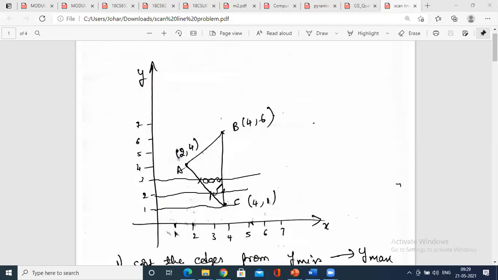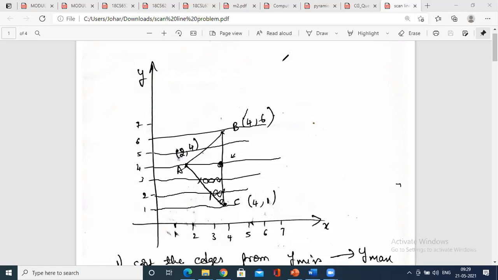Similarly, it intersects at (2, 4). And what is this value? The value of y will remain the same. Here also the y value will be 4, as I stated in the last class, right? So this is the way I need to continue.